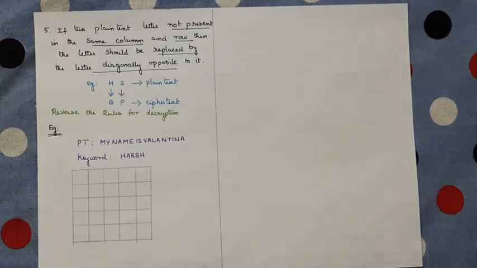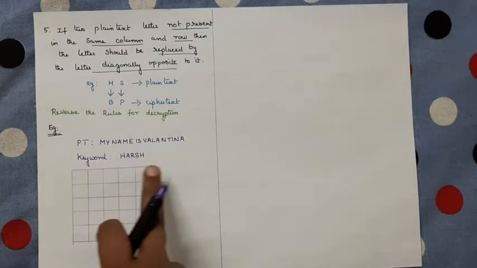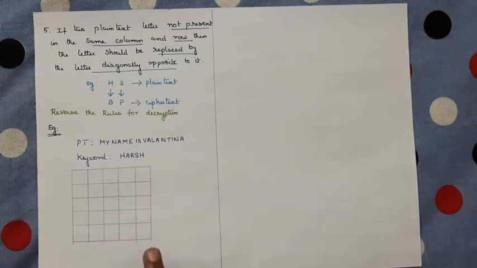If you see, I have taken an example here. You have been given a plain text, my name is Valentina, and the keyword given is Harsh. In this keyword, H is repeated twice. What I told you is none of the alphabet must be repeated, so I need to include only one H and omit the other.